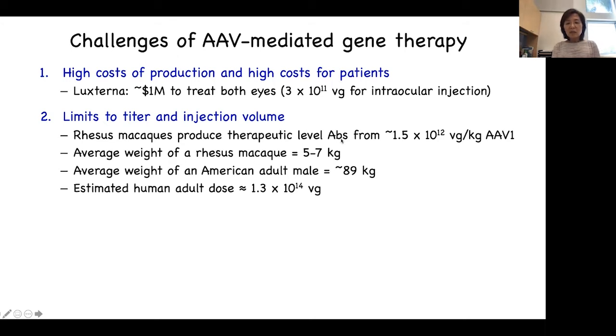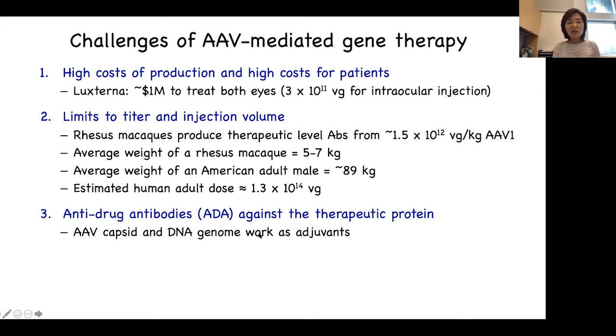If you convert the vector titer necessary for rhesus macaques to express a therapeutic level of protein, then a human adult of 90 kilograms will require 1.3 times 10 to the 14 vector genomes in 1 or 2 ml. So this is very high.